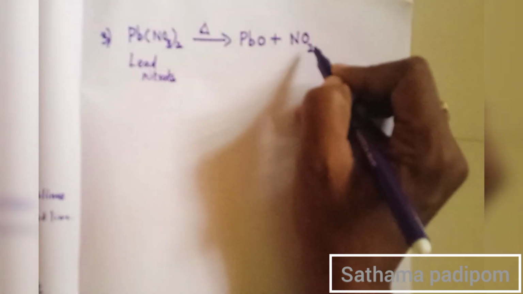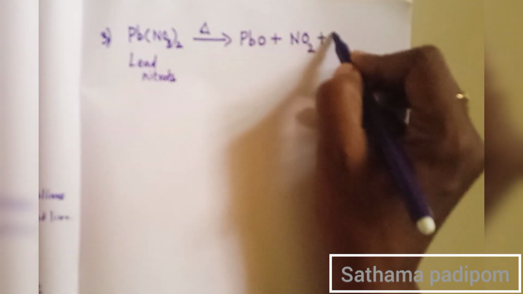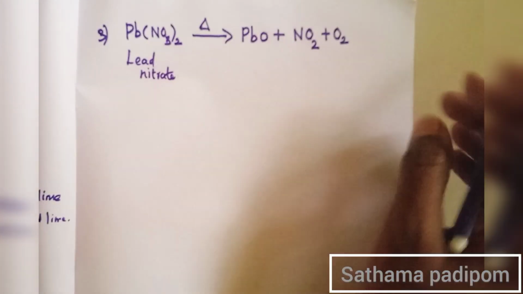And next you will get nitrogen dioxide. What is the formula for nitrogen dioxide? NO2. Next, oxygen gas. Okay, look at that, all the products are here.